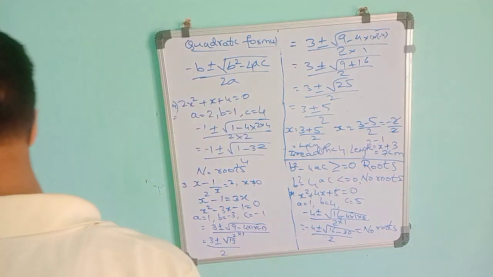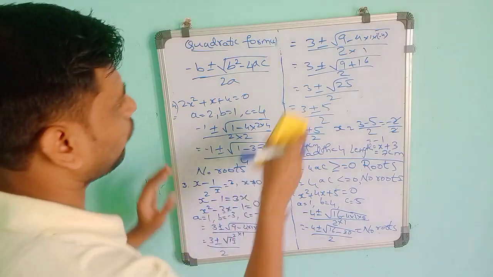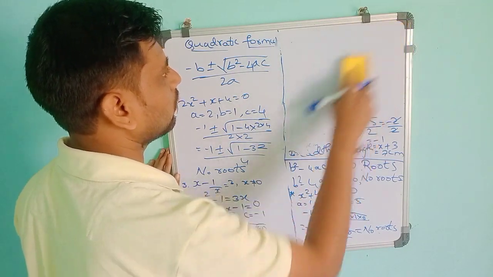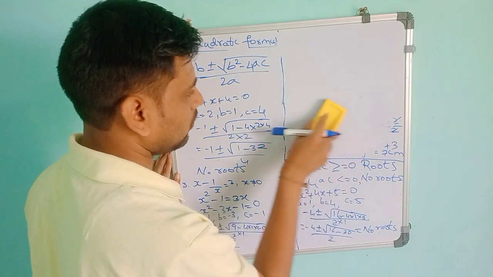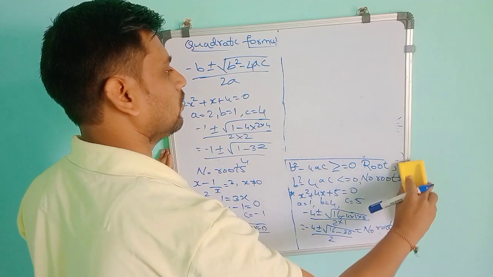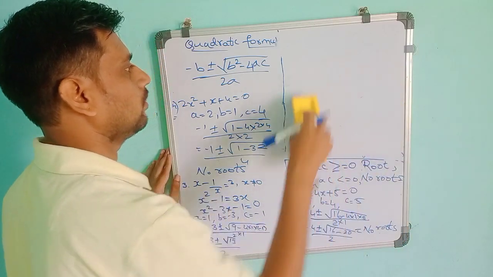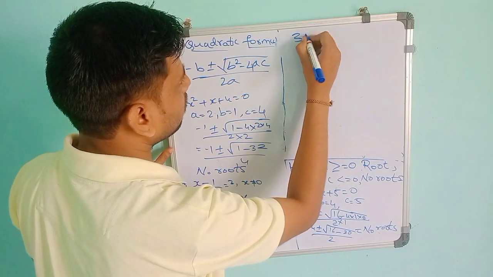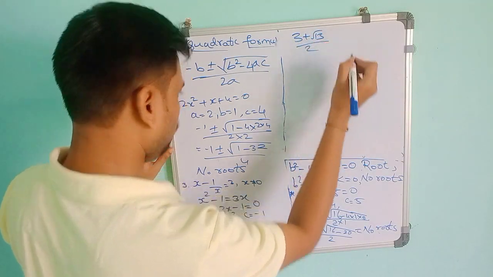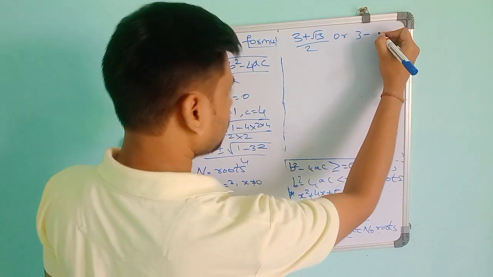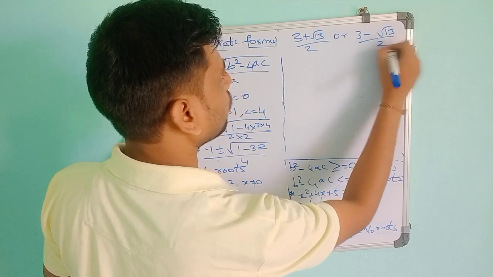So the roots will be 3 plus root 13 by 2 or 3 minus root 13 by 2.